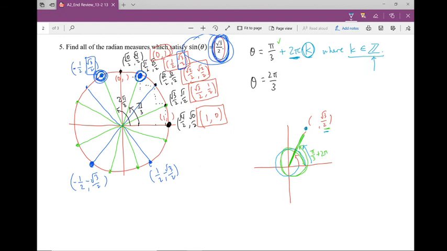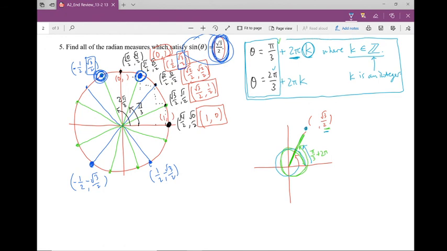If you don't like writing this, you can just say where k is an integer. And so I think you know where I'm going with the second answer here. We should also include this phrasing. And so this answer is half correct, but the full answer should include every possible radian measure, which will come out to an infinite number, but that is your full answer.